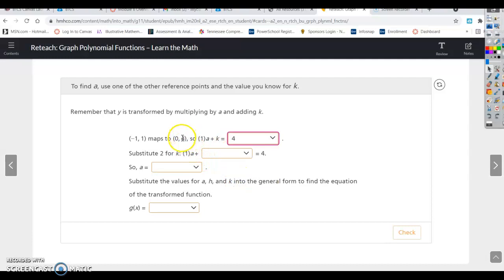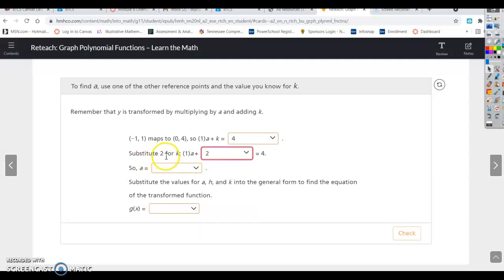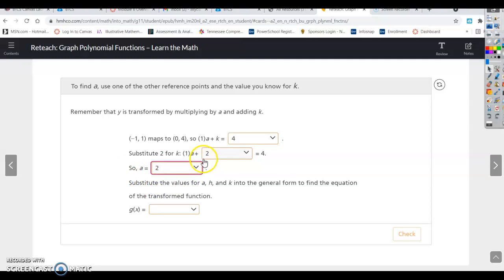Right here, we're looking at our y value, and that's going to go to 4. Substitute 2 for k: 1a plus 2 equals 4. So they just want us to substitute this 2 into the formula. So a equals 2, because I would subtract 2 from both sides. 4 minus 2 is 2.